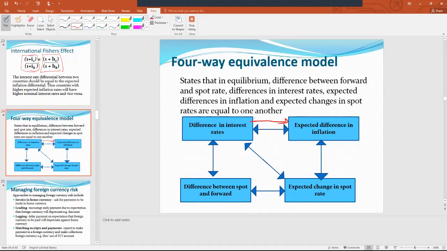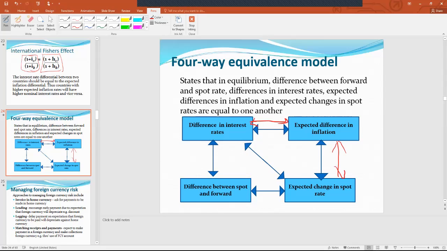This is what I just explained under the international Fisher's effect. And the difference in inflation rates can be used to explain the change in the spot rate, which you explained under the purchasing power parity theory.